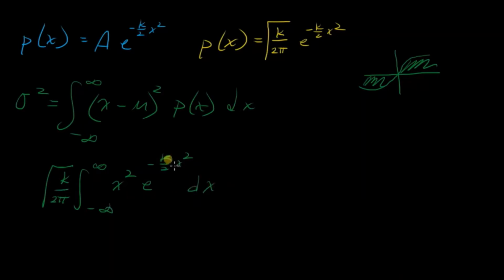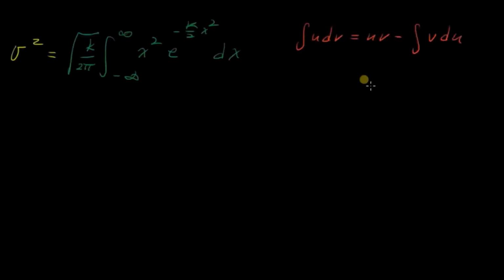And we're actually going to see that k is inversely proportional to the variance. Okay, so we need to do this integral now, and actually, since this is symmetric, again, we can change this to 0 and multiply this by 2.